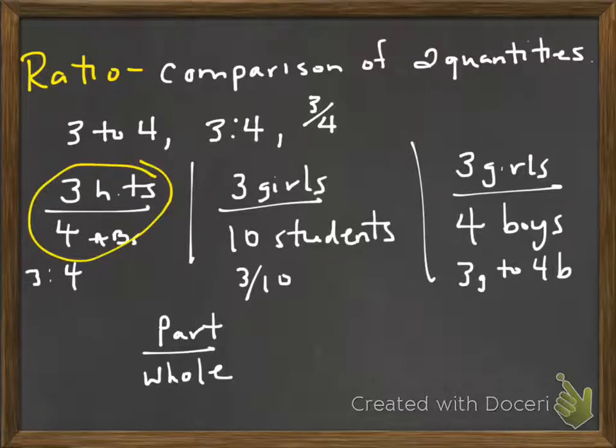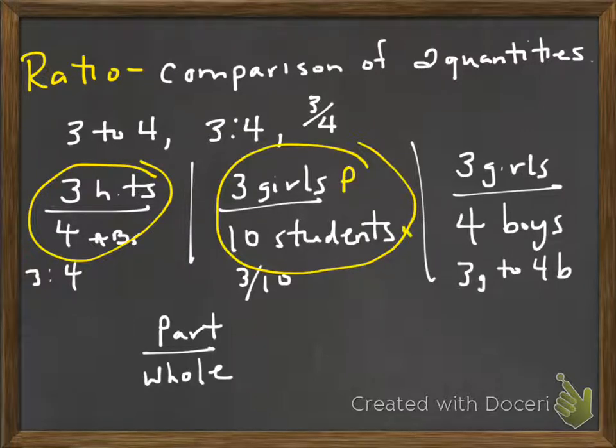So 3 times you went to the plate, you got hits, but you went 4 times as a whole. Same thing here: 3 girls out of a whole 10 students. This would be your part, and this would be your whole. Fairly simple stuff, something you should have learned in 7th, 8th grade. Not a big deal.